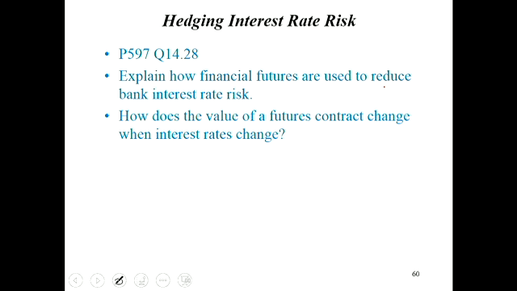If the price of the government bond rose, then you would gain value out of a long position. But if you look at it from an interest rate point of view, the long position will gain value if the interest rates are falling. That direction is interest rate falling, that direction is interest rate rising.